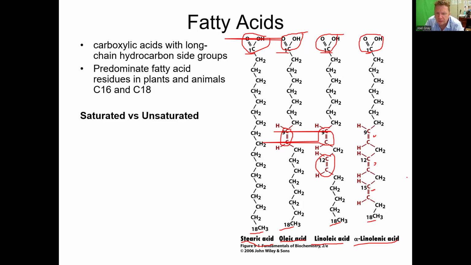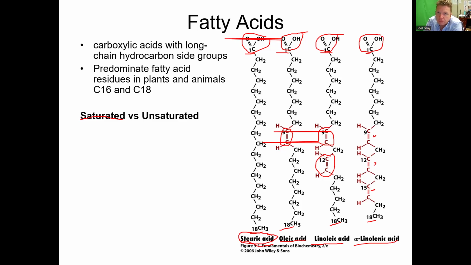Now, we'll get into the reasoning behind that in just a moment, but one saturated fatty acid is stearic acid. When you think about a saturated fatty acid, I want you to think about a fatty acid that has no double bonds. This is the thing that I always bring up, and then someone says, "Oh, but what about the carboxylic acid?"